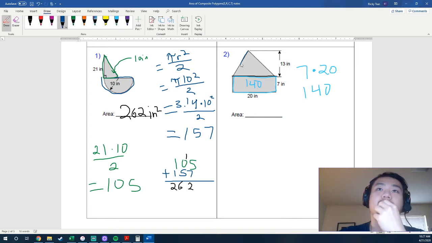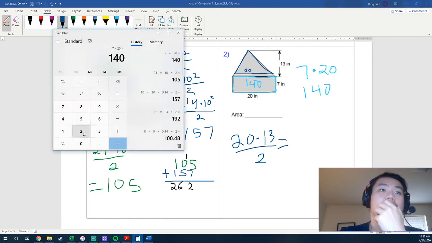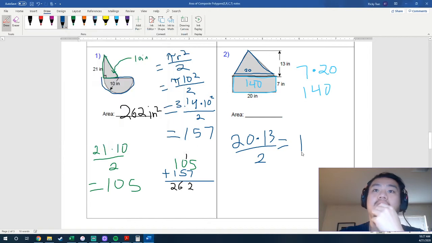Then we're going to do the triangle, which is going to be the height is 13, the width is 20, so it's just 20 times 13 divided by 2, 130.